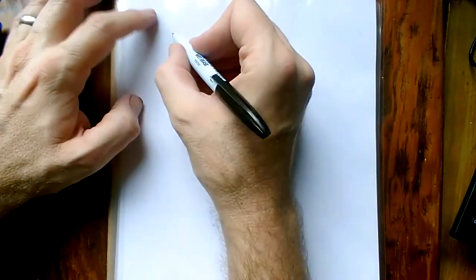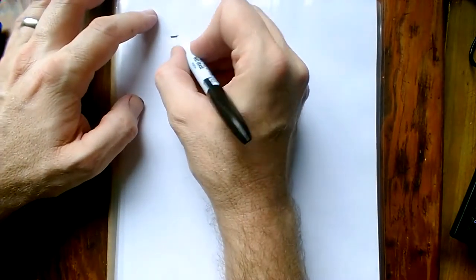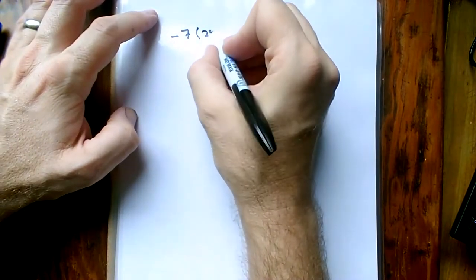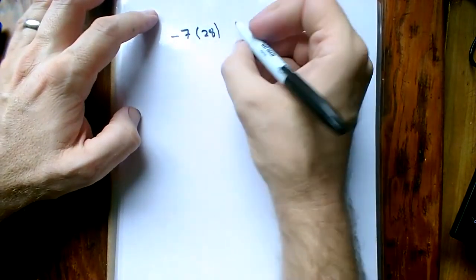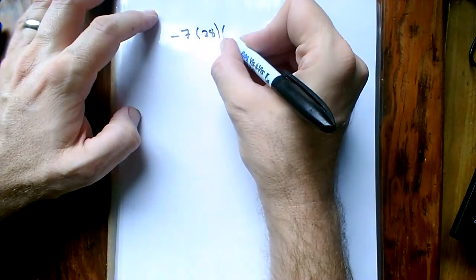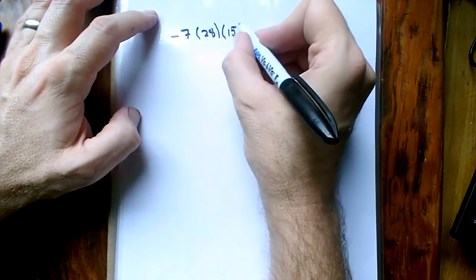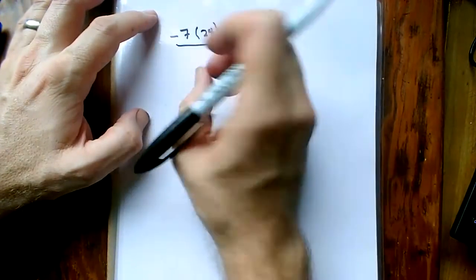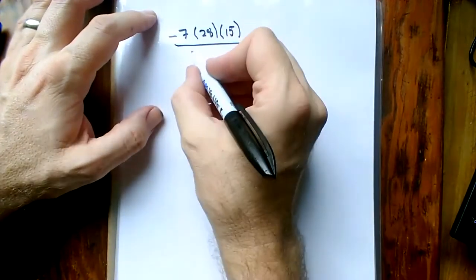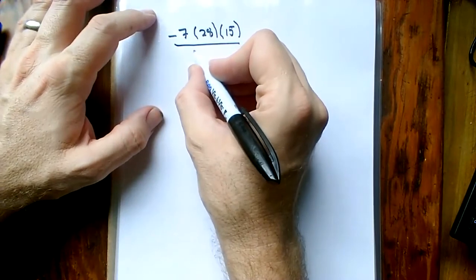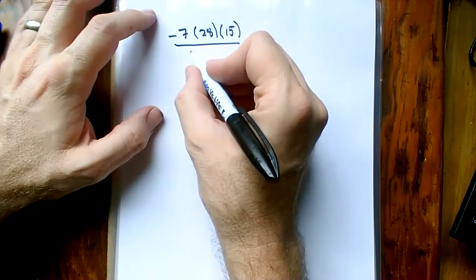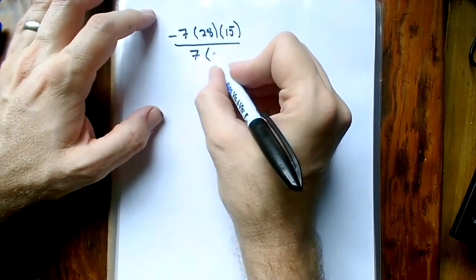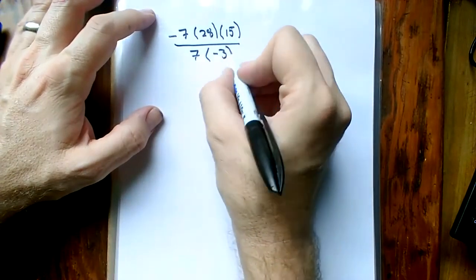Say I have something like negative 7 times 28 times 15, and I'll divide this by 7 times a negative 3.